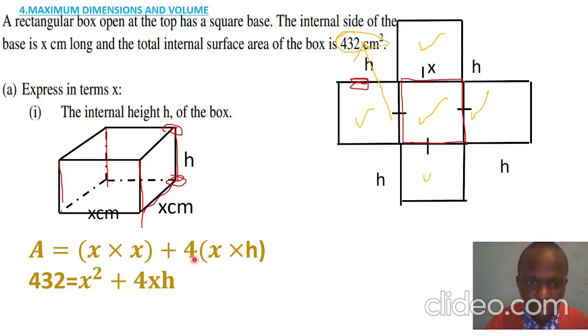Why are we multiplying by 4? We are multiplying by 4 because they are 4. 1, 2, 3, 4. We have 4 figures which are alike. So simplifying it further, we have been told that the total area is 432. You realize that the total area 432 is equal to x squared plus 4xh.